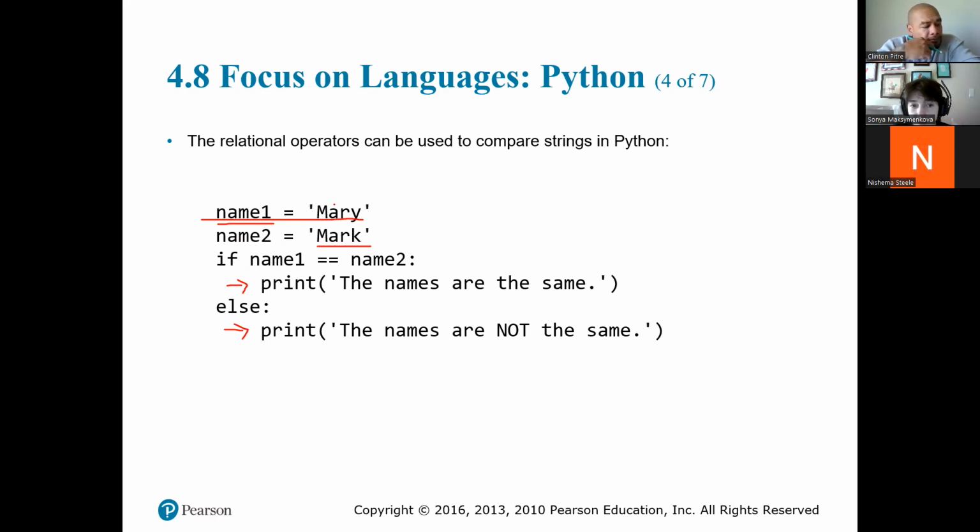So M and M, we're good. A and A, we're good. R and R, we're good. But then Y and K, those are different characters. So this whole thing will just be skipped because this condition is false because our variables are not the same. So it would go to the else and it would print the names are not the same.